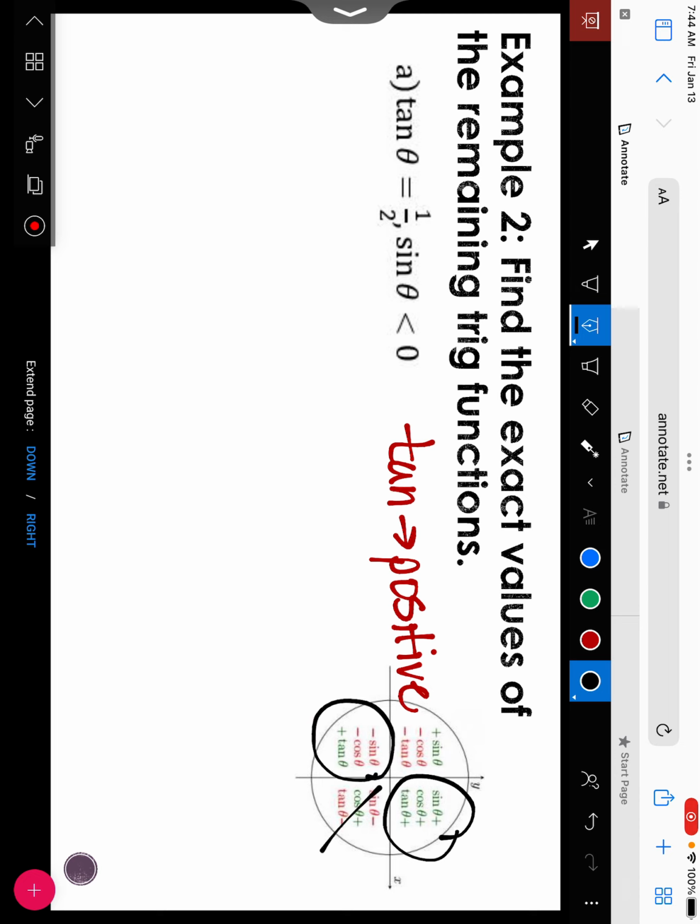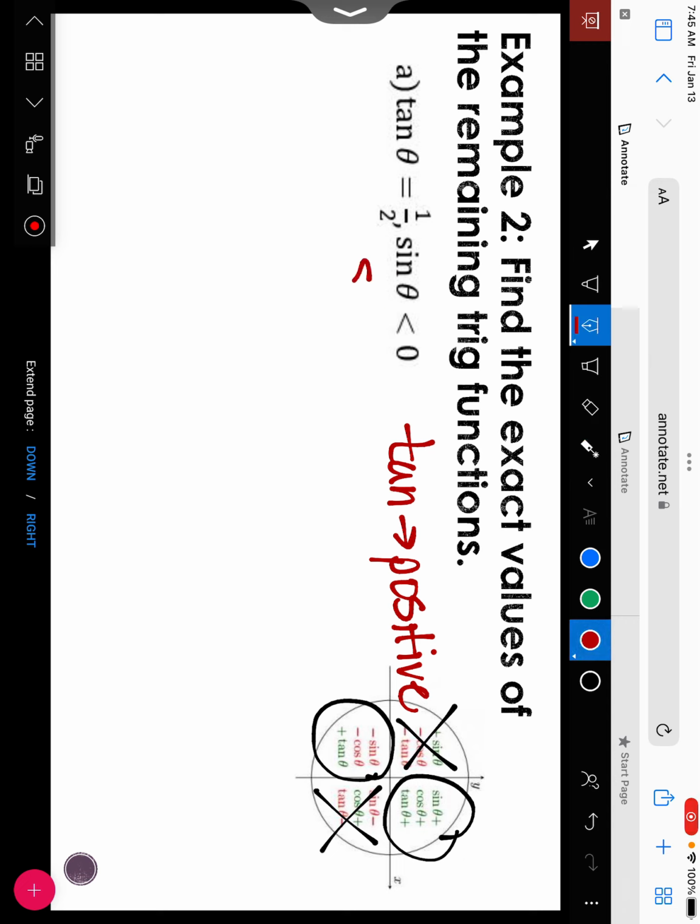So we can automatically rule out these 2 quadrants. But then it says that sine is less than 0. So if it's less than 0, does that mean it's positive or negative? Negative. Any number less than 0 is negative.